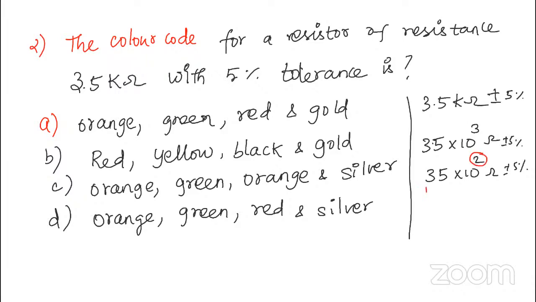So here 3 க்கு it is orange, and 5 க்கு it is green, and 2 க்கு it is red. Here in the 5% it is another gold. So the option A is the right one. It is easy.